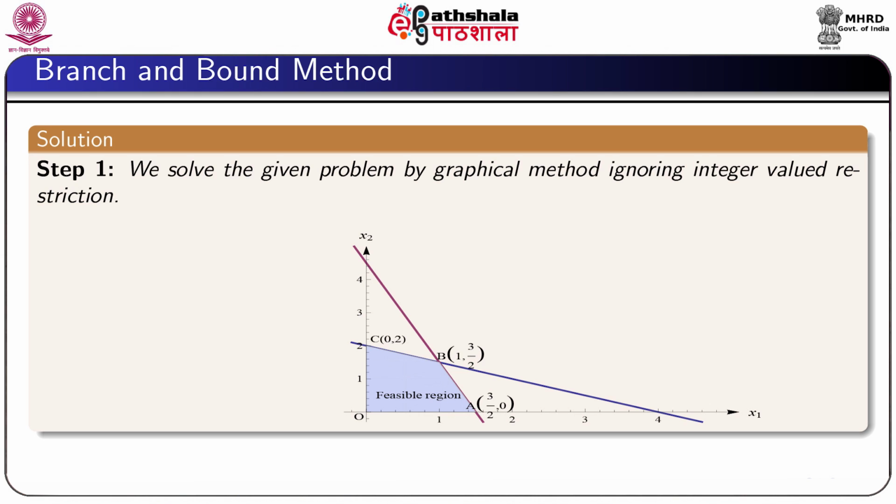Let us solve the given problem by graphical method, as the problem has only 2 variables x1 and x2. The slide shows the feasible region O, A, B and C, and the extreme points of the feasible regions are (0, 0), (3/2, 0), (1, 3/2) and (0, 2).